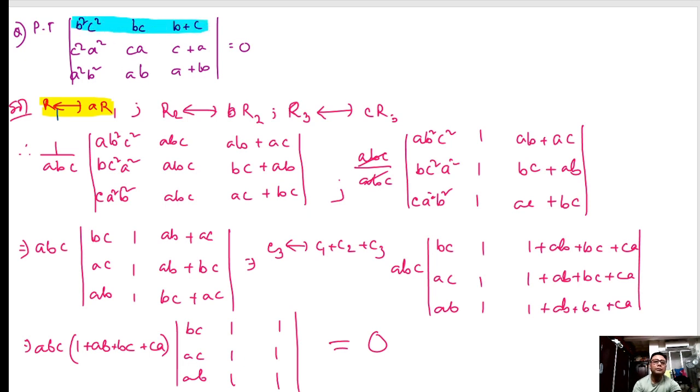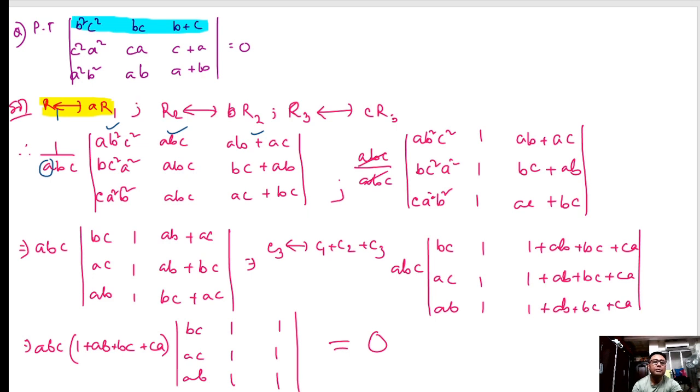Since we are multiplying this A times, to adjust it, I have to divide by A.